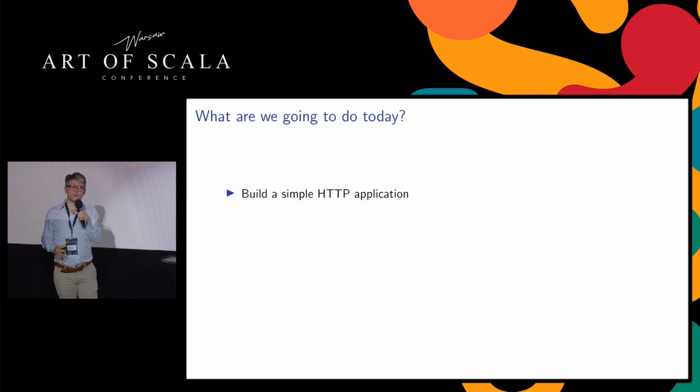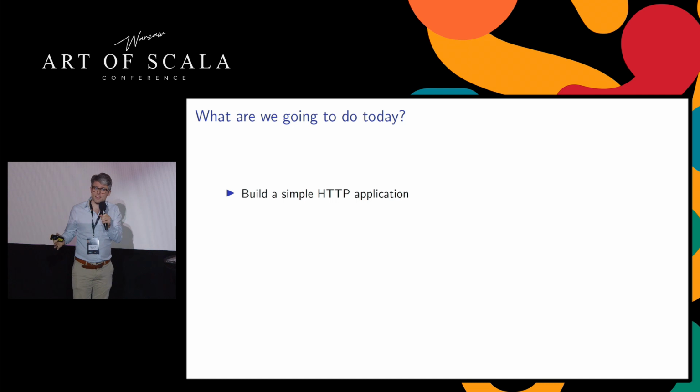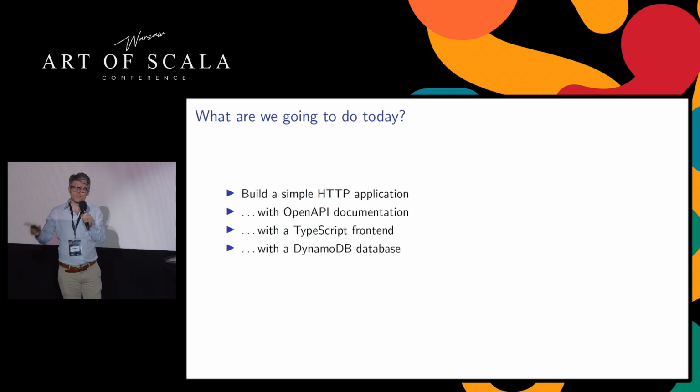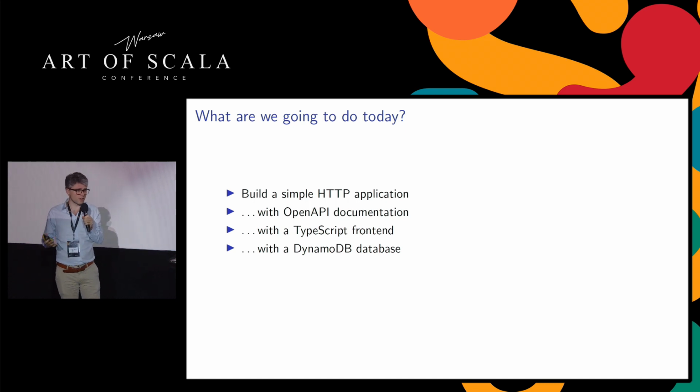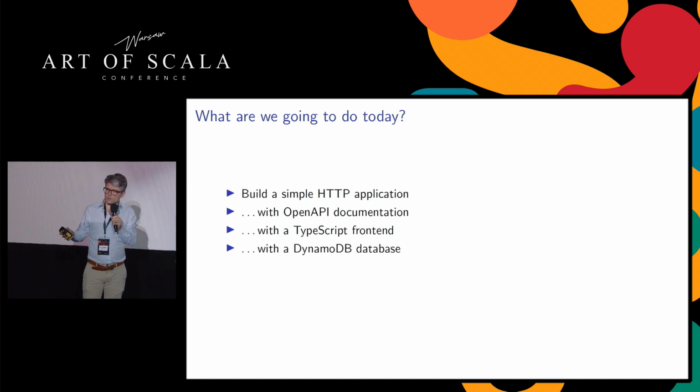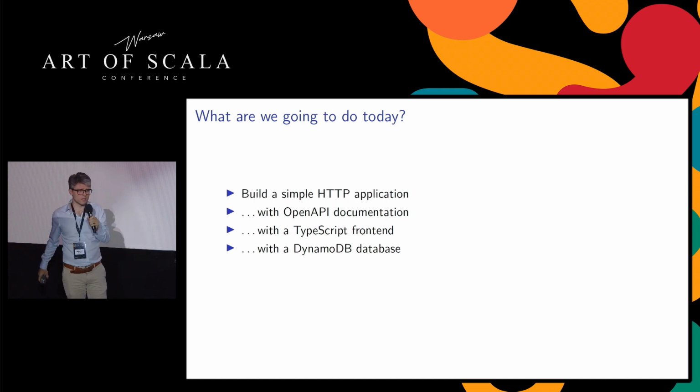All right, so what are we going to do today? We are going to build a simple HTTP application. That's not hard, I would say, but we are going to look around it and look at the whole ecosystem. And an HTTP application needs also documentation. For example, in OpenAPI. Maybe we have a front end connected to it. So we also need to look maybe at TypeScript models that can be used by front-end developers that want to connect to our HTTP server.